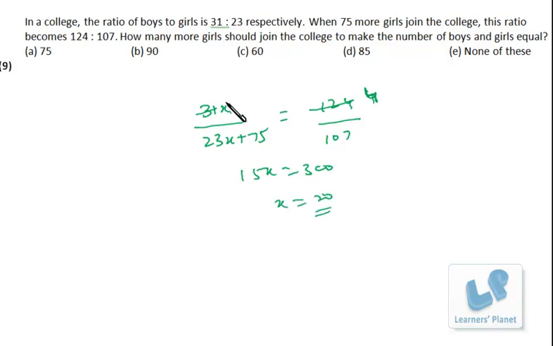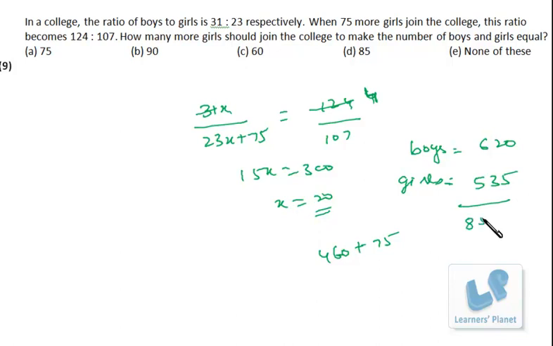So that means initially the number of boys is 31 into 20, that is 620. Now girls are, as of now, 23 into 20, that is 460, plus 75. So that's 535. So 85 more girls are required to make the number of boys and girls equal.